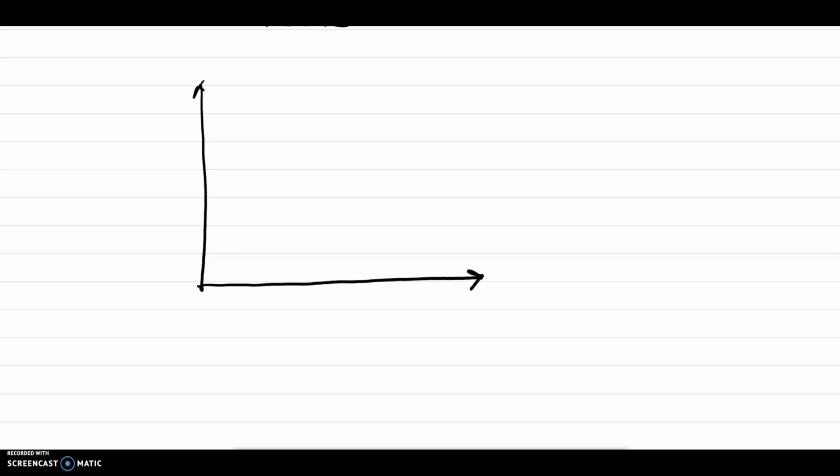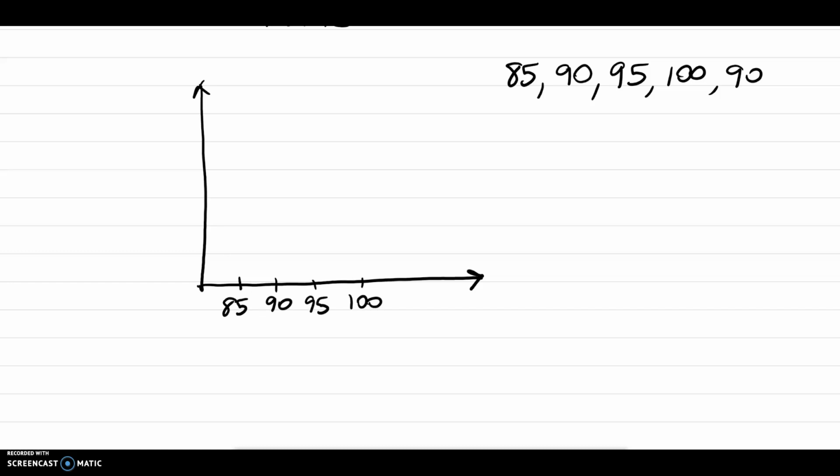So remember, the scores were 85, 90, 95, 100, and 90 again. So here I'm going to use the bottom, the horizontal axis, and I'm going to count by fives, since this will represent all of my data.